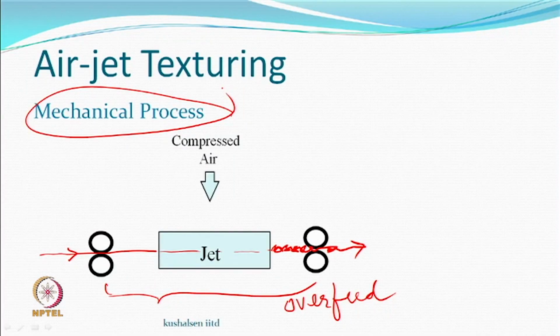But the most important thing is that it is a mechanical process. So, you do not have to worry about the chemical structure, because in the other process there has to be a heater, then heating, then cooling and setting. Here it does not matter. It is just an entanglement process.